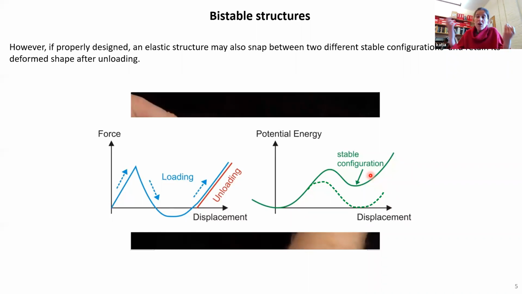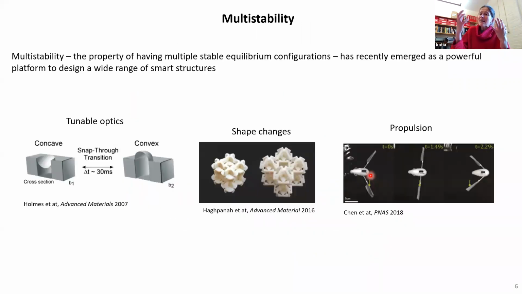So for a long time, the community has studied how the geometry affects the energy landscape and how the geometry affects multistability. Recently, a new trend has emerged, where multistability has also started to be exploited to design structures with new modes of functionality.